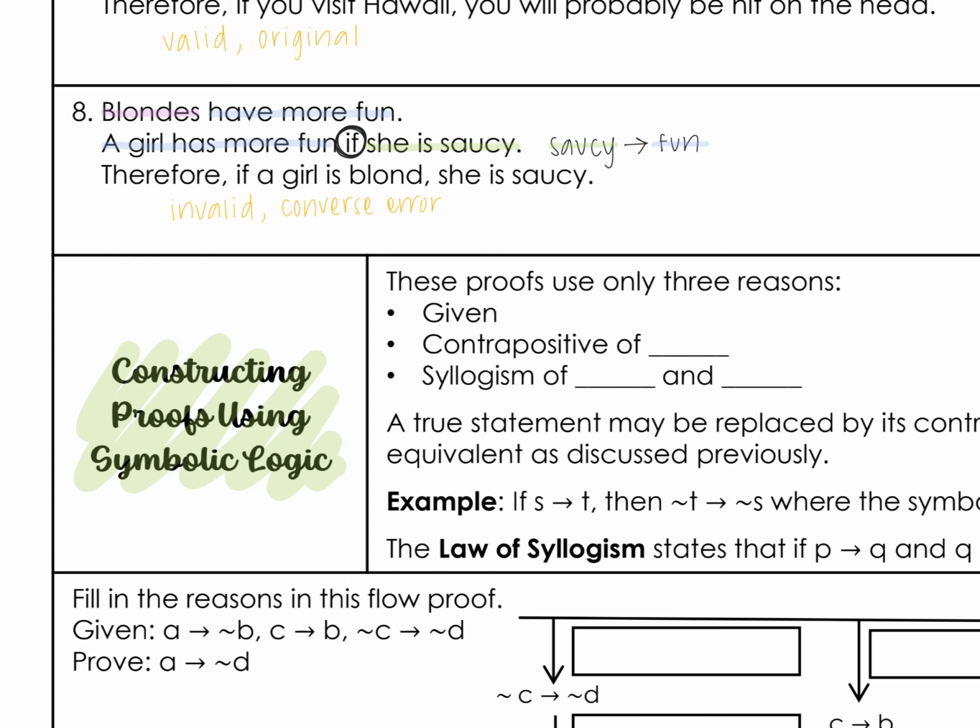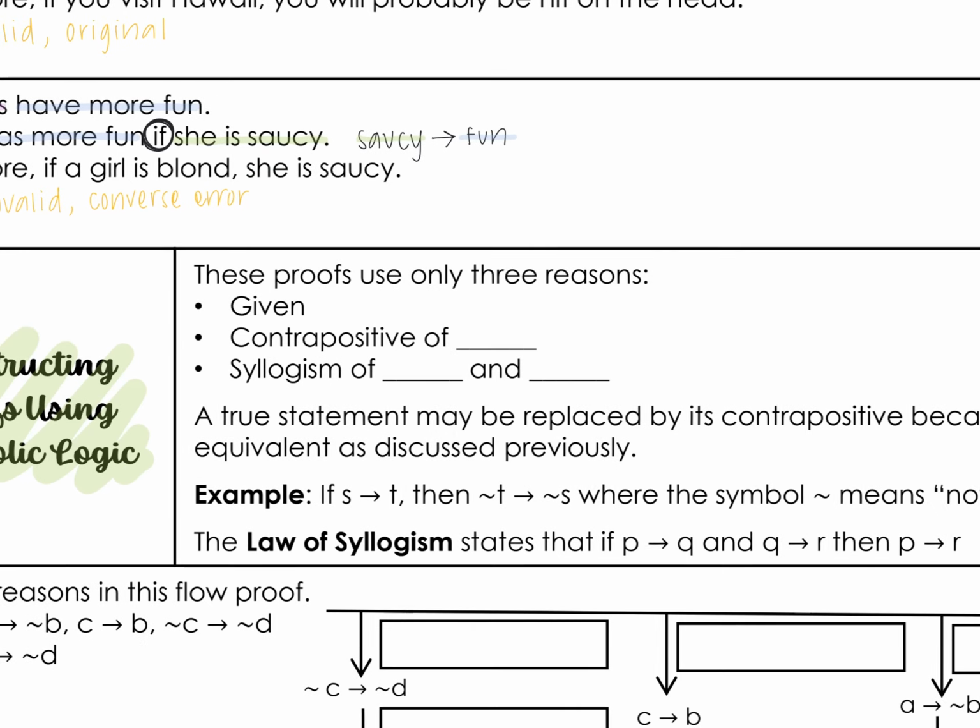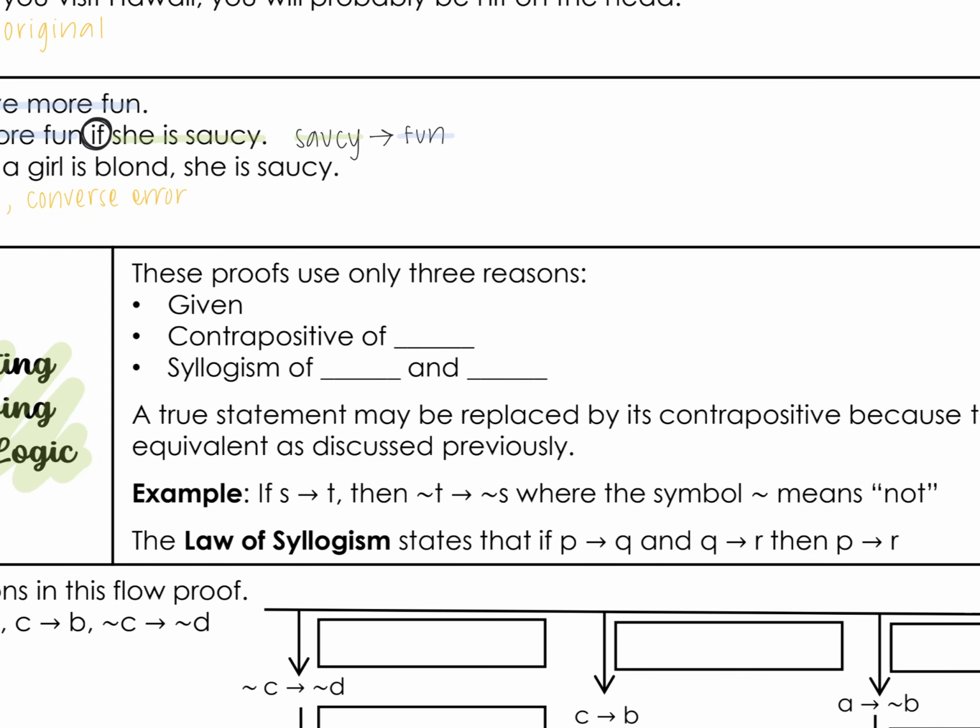Okay, so let's look at what it says over here. For these proofs, we're actually only going to have 3 reasons, and your 3 reasons are given, contrapositive. A lot of times they have it written out as contrapositive of, and you would tell me which statement.